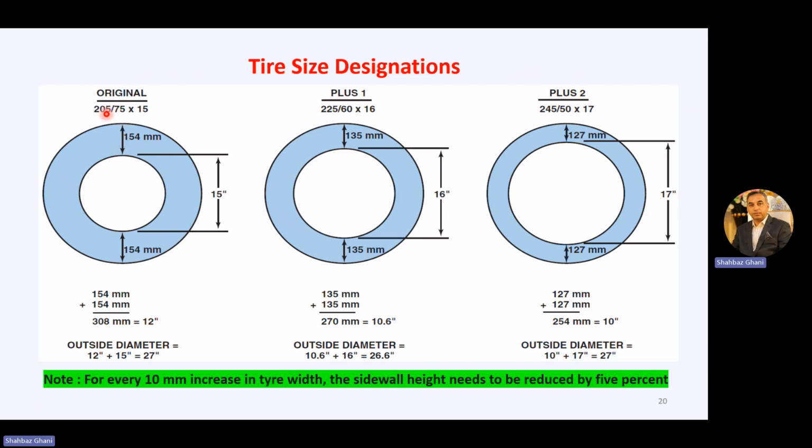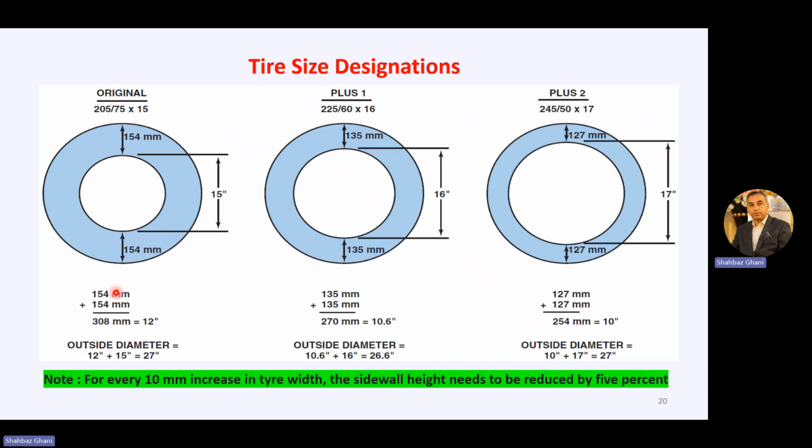We have the width, we have the aspect ratio, and this will come to the width multiplied by the aspect ratio percentage. So 205 multiplied by 75 divided by 100, we will get 154 mm. So 154 mm here, 154 mm here.